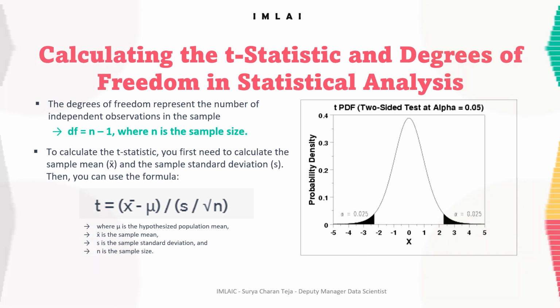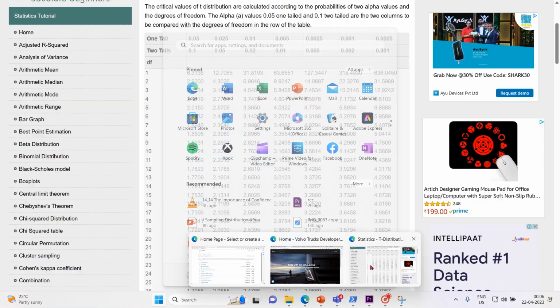The t statistic is calculated using the sample mean, sample standard deviation, hypothesized population mean, and the sample size. Once you have the t statistic, you can use a t distribution table or software to find the p-value associated with that t value and degrees of freedom.